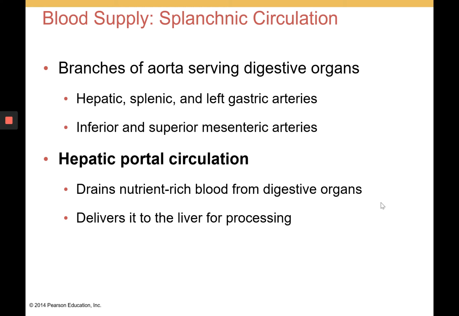And the hepatic portal circulation is between the digestive system and the liver, and it consists of a circulation that drains nutrient-rich blood from digestive organs and sends the nutrient-rich blood, but oxygen-deprived blood to the liver for processing to make sure no pathogens or anything that could cause disease has gotten into this blood that essentially is coming from the outside.